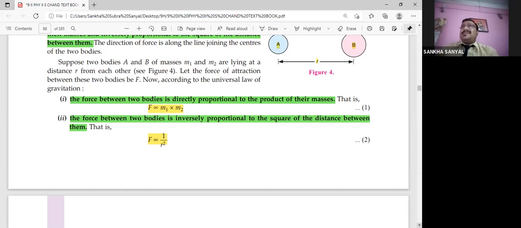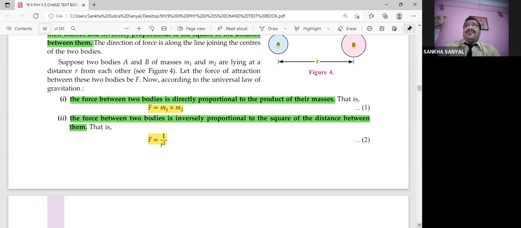If this distance increases, what would happen? You would find that the force will become 1/4. Why? Because r becomes 2 times, which means r square turns out to be 4 times, and it's inversely proportional. Check with equation number 2. Since the distance is doubled, the force decreases.